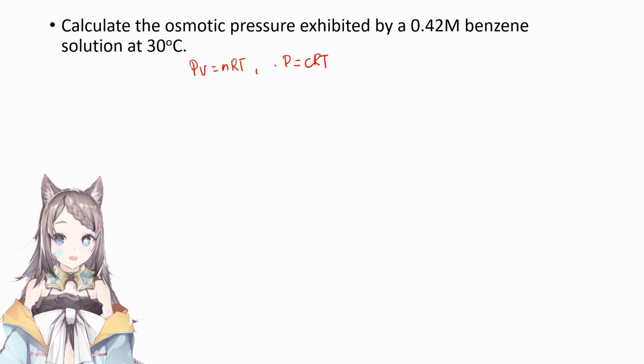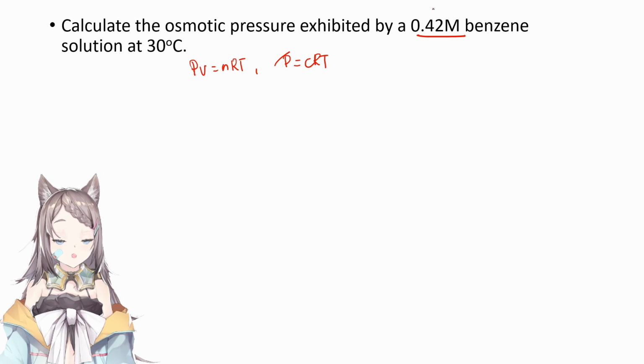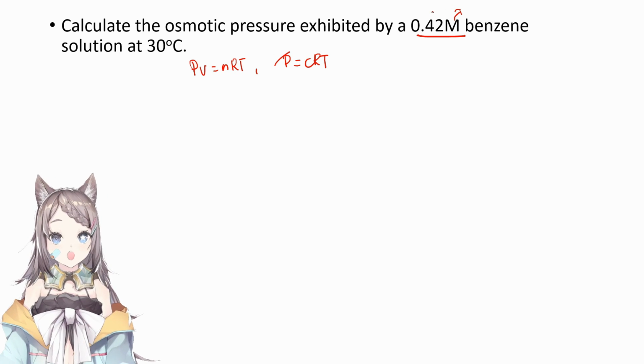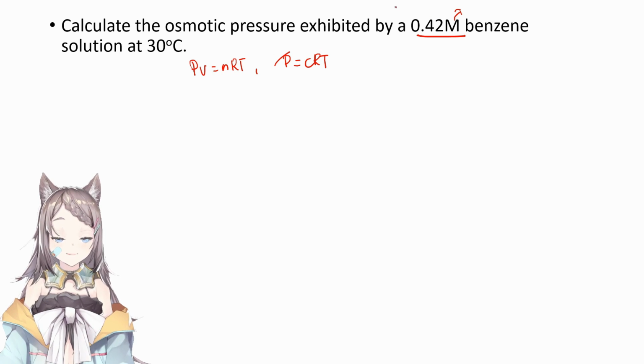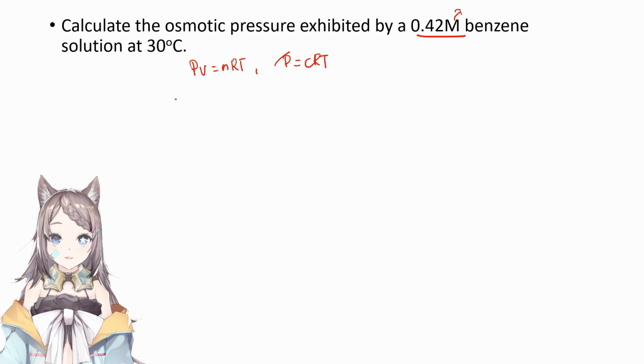I would be electing to use this one since we already have concentration in molarity. Please take note, class, that it only applies for molarity. If you have normality, you still have to convert it back to molarity before we continue. Okay, so pressure equals concentration times our gas constant times our temperature. We are computing for osmotic pressure, so this formula is fine.